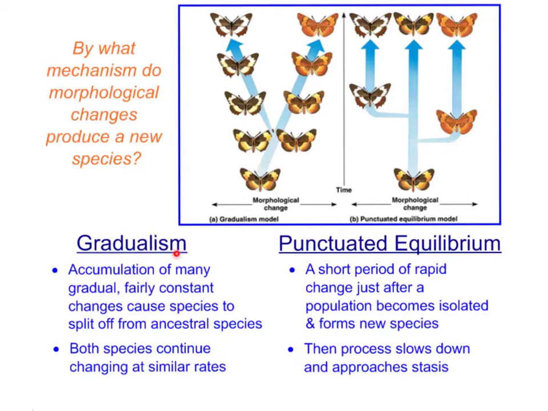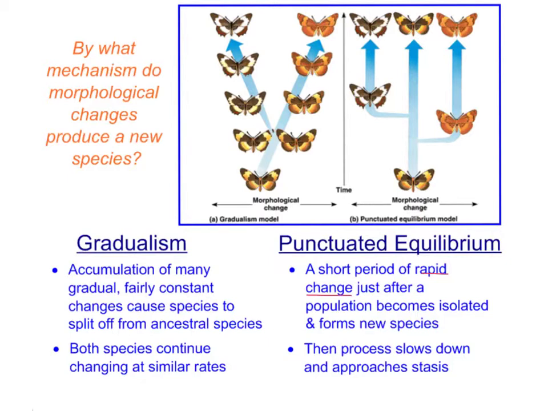But what these terms basically mean, gradualism is the accumulation of many very gradual, constant changes that cause a species to split off and form a new species. In the model of gradualism, both species continue changing at similar rates. Punctuated equilibrium would occur where we have really short periods of very rapid change just after a population becomes isolated and forms a new species.